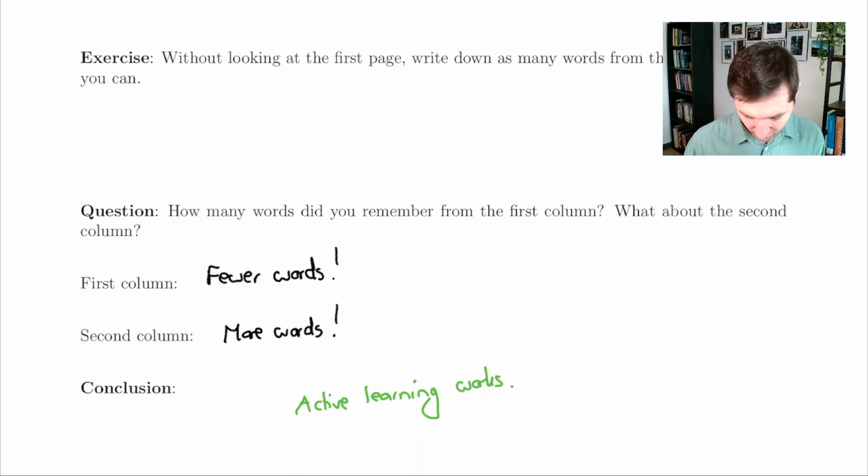In the first column, the words were already written. You simply passively rewrote them. In the second column, you had to create the words. This means that actively engaging in tasks helps you remember the material better.